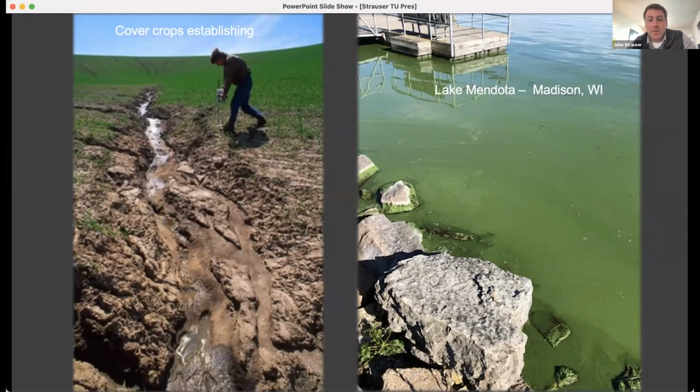This is a picture I took on the right. I live in Madison, Wisconsin, and I was riding my bicycle home last fall and bumped into the lake looking green like this, and was disheartened by the situation.